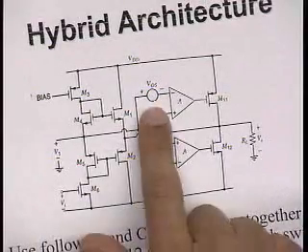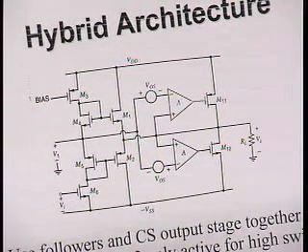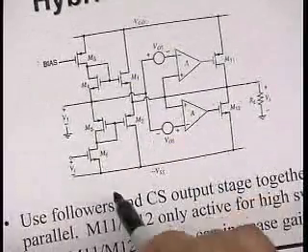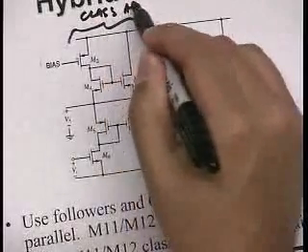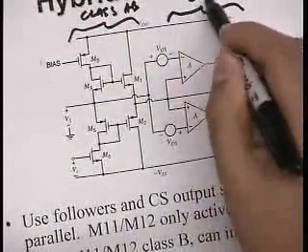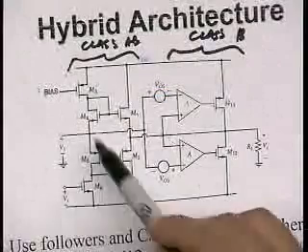How does that impact the offset voltage? Well, it's a little bit subtle. What I could do is actually run this device in class AB and run this device in just class B. If I run the second device in class B, then for low inputs it's actually off.